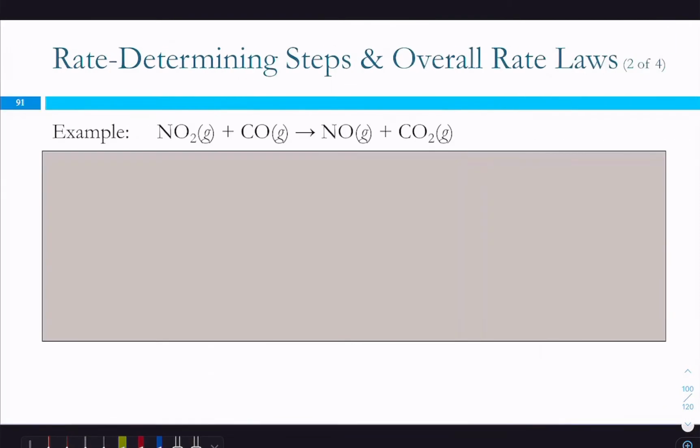All right. So if we have nitrogen dioxide and carbon monoxide, we know it reacts to form nitrogen monoxide and carbon dioxide. The first step is going to be to figure out what the overall rate law is. So for this overall chemical reaction, what's the rate law? And how can we do that?